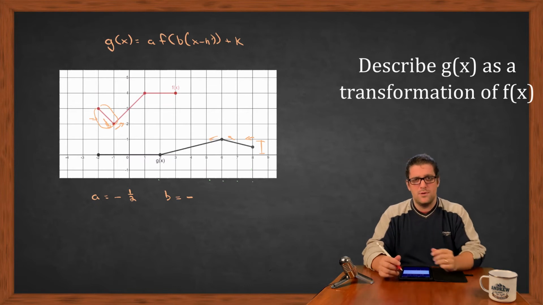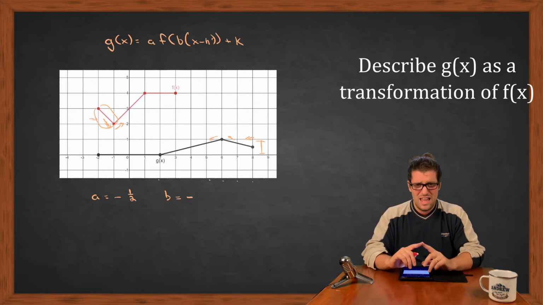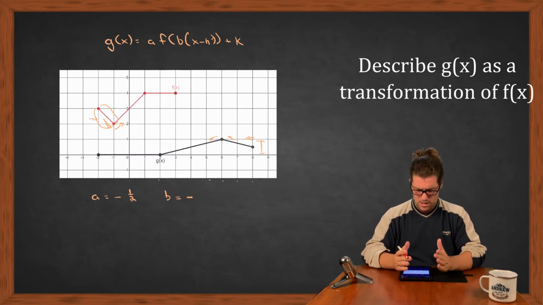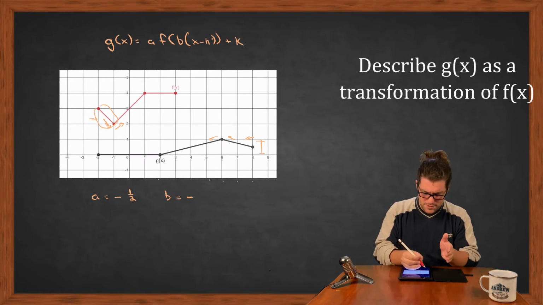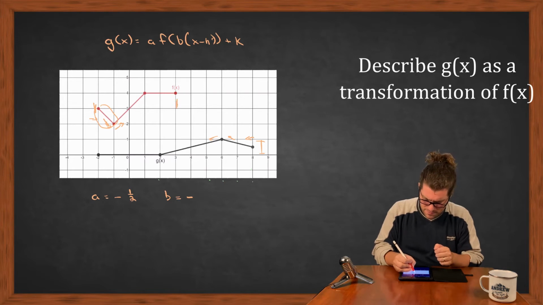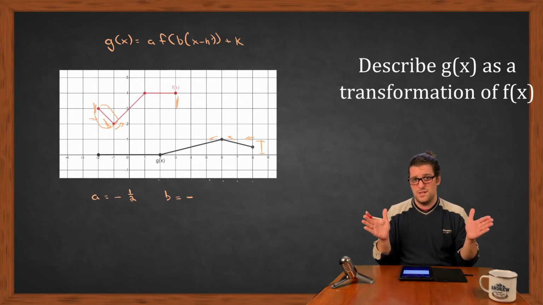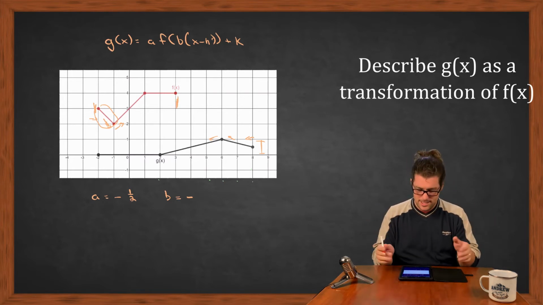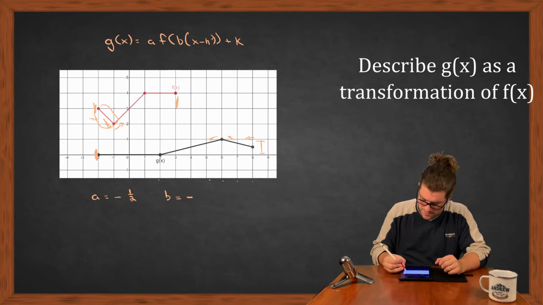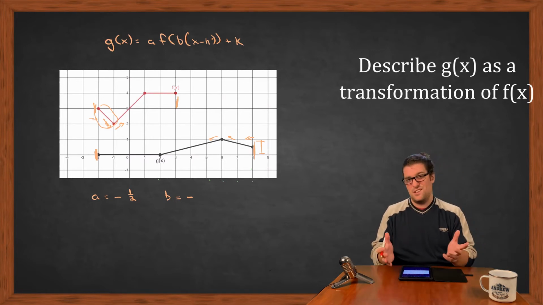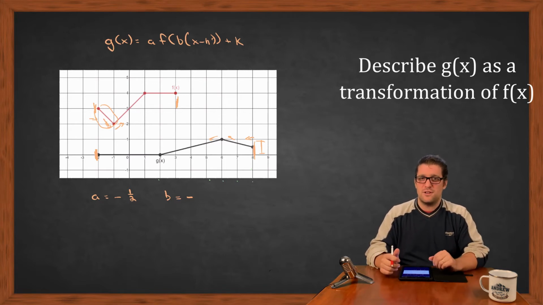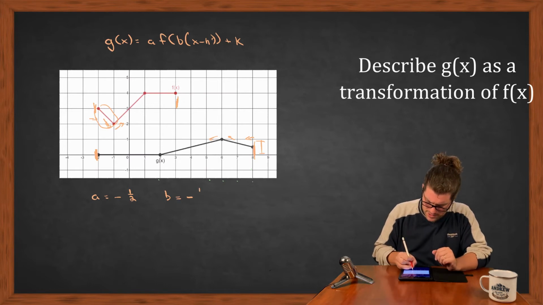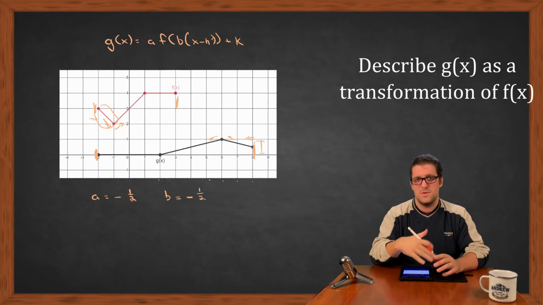And next up, I'm going to assess if there's been any stretch. So the red function, the f of x function, is going to go from -2 to +3. So that's 5 units in terms of its side-to-side size. This one, the g of x function, goes from -2 to 8. So that's 10 units. Going from 5 units to 10 units, that's a stretch factor of 2 because it's 2 times as large. B's tricky though because it's not the stretch factor that's the same as the B value.